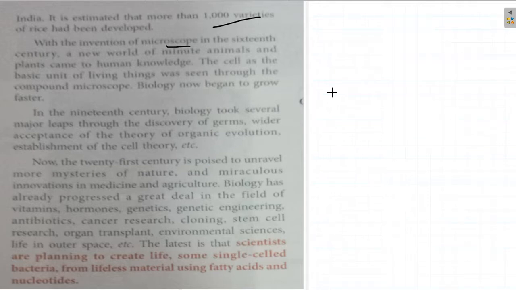Now man could see minute animals and plants, and knowledge developed in this field also. The cell, the basic unit of living things, was also seen through the compound microscope. With the advent of the microscope, biology began to grow faster.